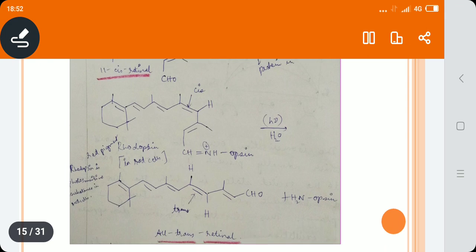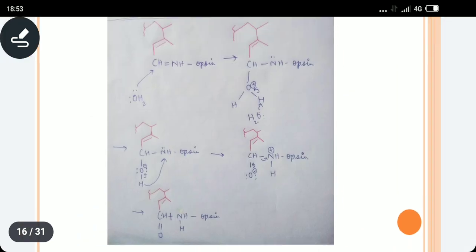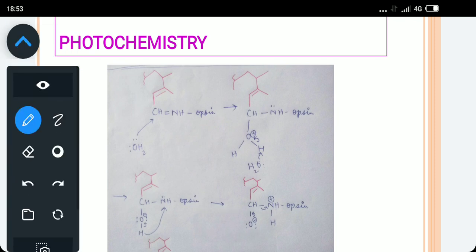Next, let us see the mechanism of how imine changes to aldehyde and amine. First, the red structure that you can see is the long chain retinal. Now we have to understand the imine which is formed here.